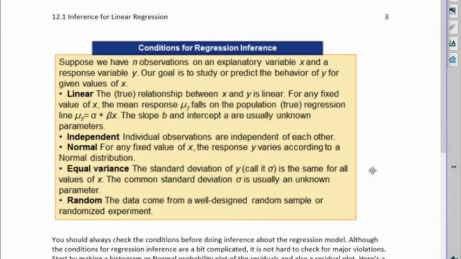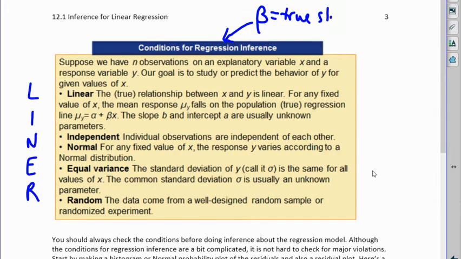Just like before, where we're looking at the residuals and trying to make sure that there is evidence of a linear relationship, we have this mnemonic device, LINER, and that's going to help us remember the things that we need to check when we are looking to see if we're going to be able to do regression inference for the true slope of the line, to see if that slope is great?